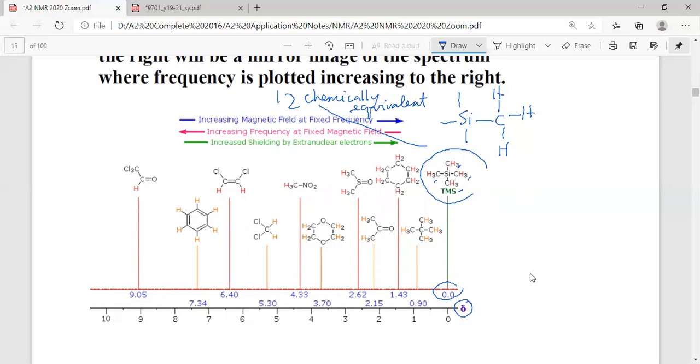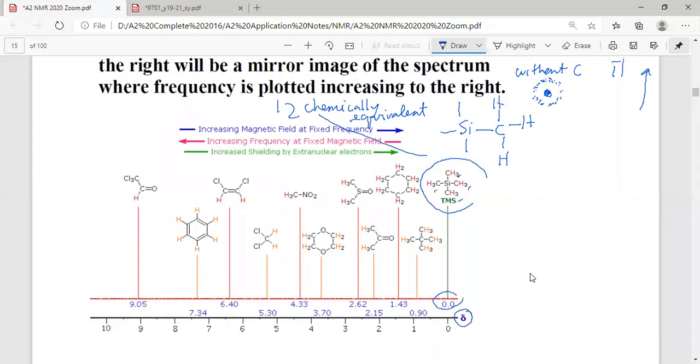Now remember, like earlier, without the carbon, that's a hydrogen here, and the electron is all around it. The external field, say H0, is equal to 10. Without the carbon, this is only a hydrogen. The field created by the electron is equal to, let's say, 1, and it will be against the external field.